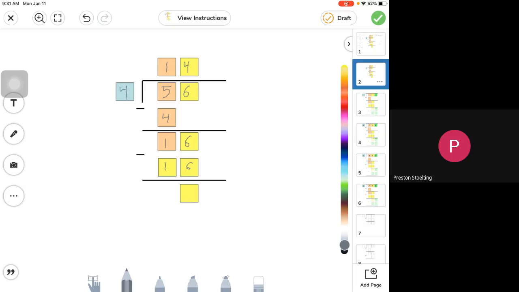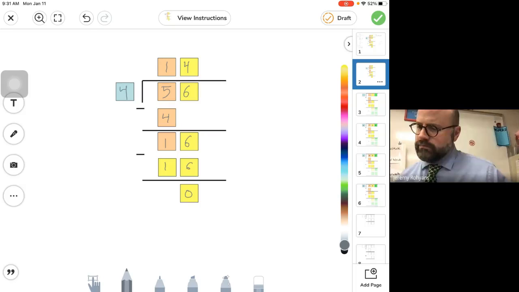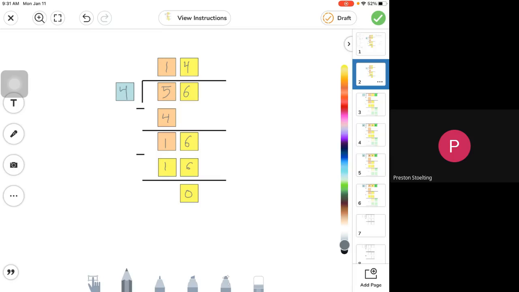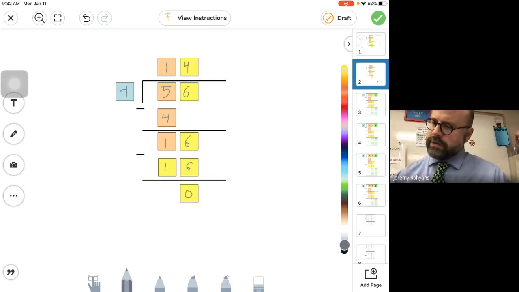Put that in the last square. Boom. And then 14 with no remainder. Marvelous. How many of you got 14 as your quotient? Everybody press the raise your hand button if you got 14 as your quotient. You can do multiple ones at once. All right. Awesome.